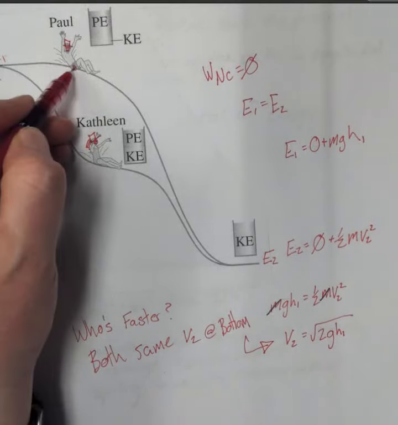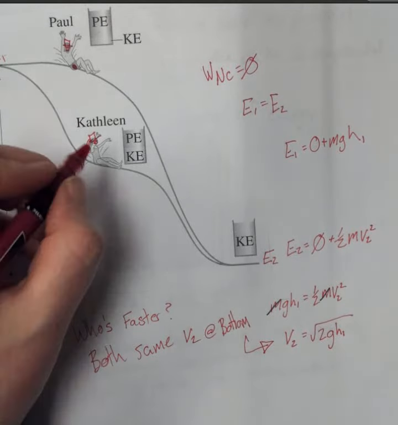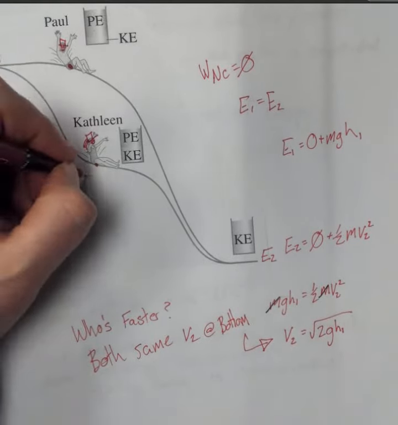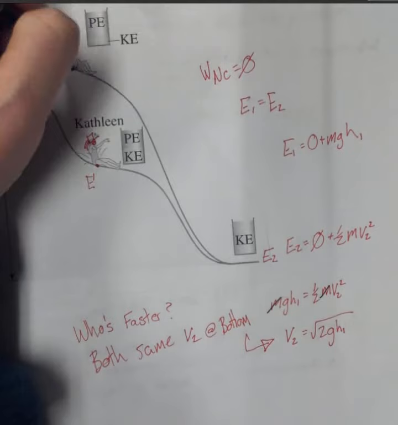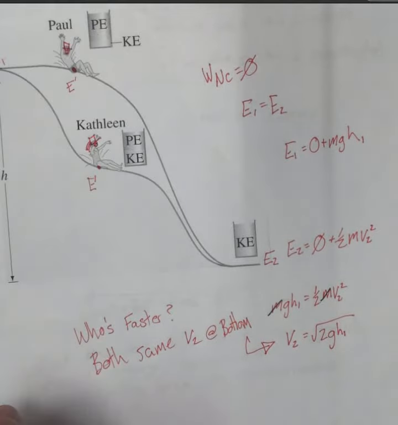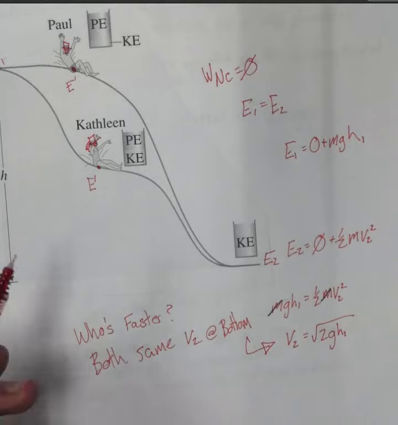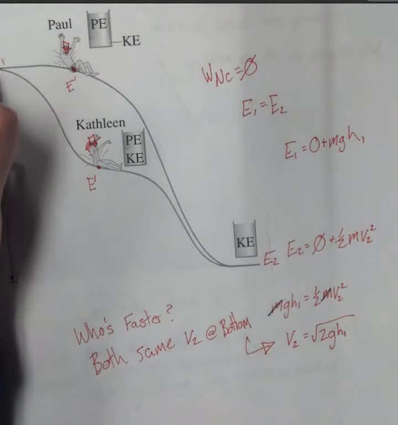Paul at this point after the start, and Kathleen at this point at the start. If we call this point E prime, just because I'm out of names, we could consider the amount of potential and kinetic energy for both Paul and Kathleen. Paul has barely dropped any height.